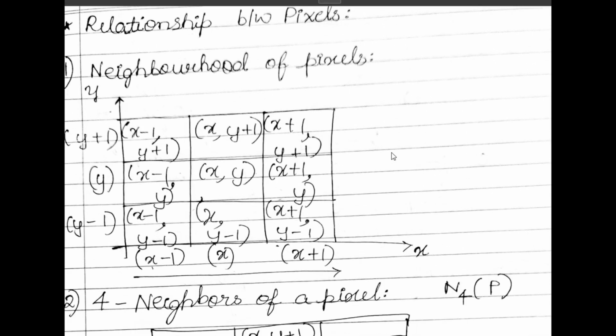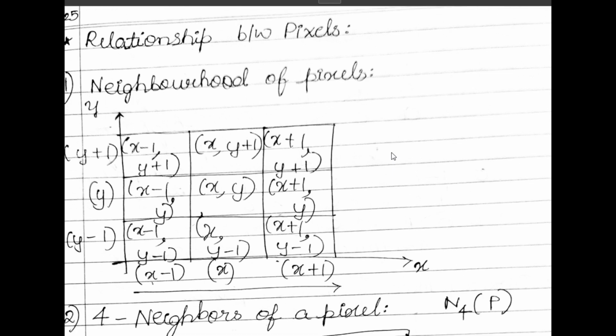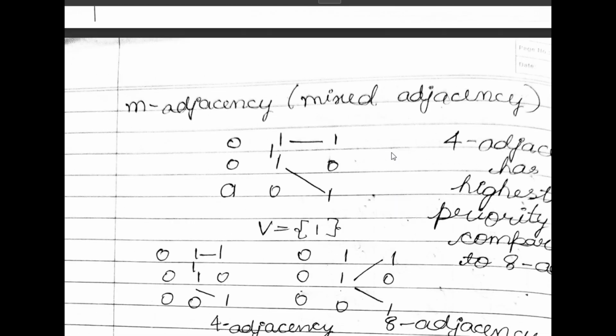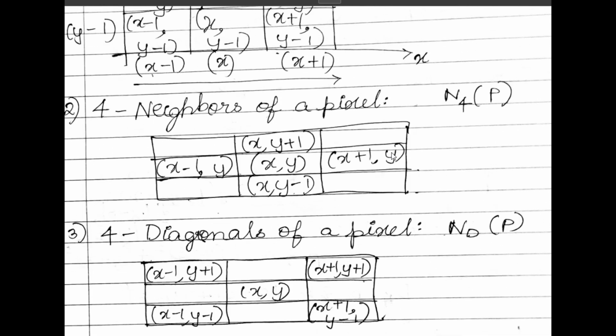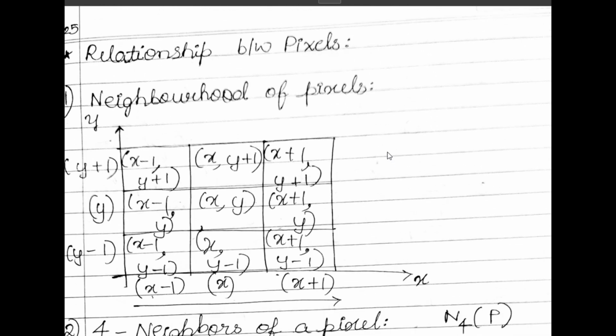relationship between pixels. So there are three types, that is M adjacent, 4 adjacent and 8 adjacent. So this is the pixel diagram. The middle part, where the axis has 0, 0, we name it as x, y, and where the axis has 0, 1 and 1, 1 as well as minus 1, minus 1, we keep on moving the axis values.